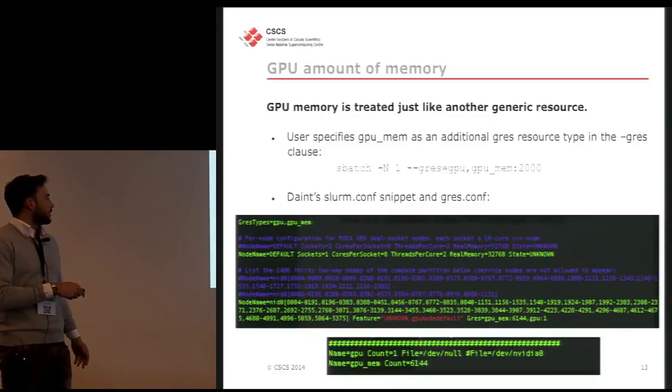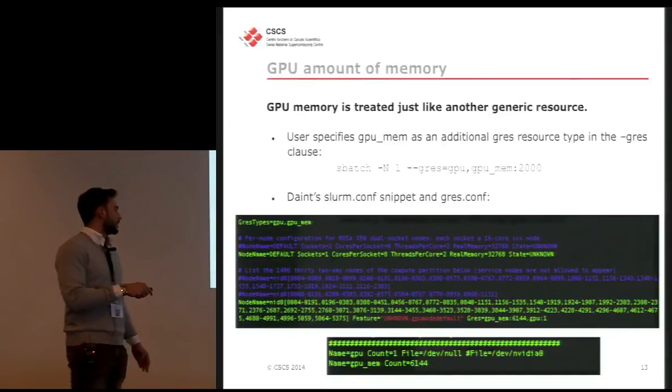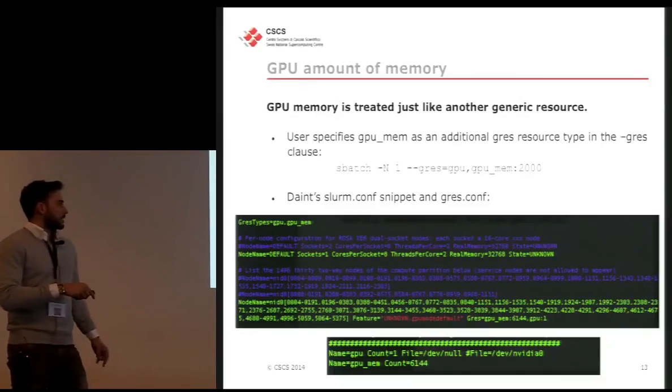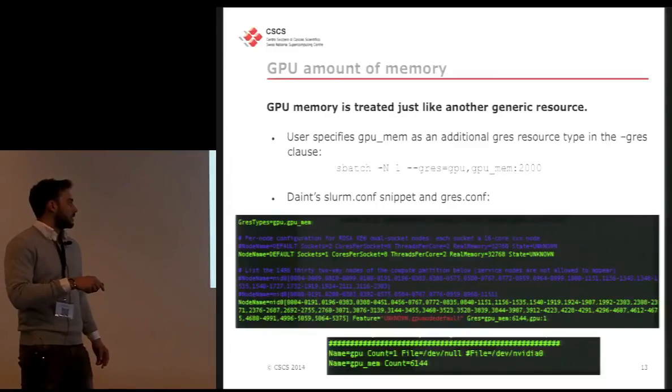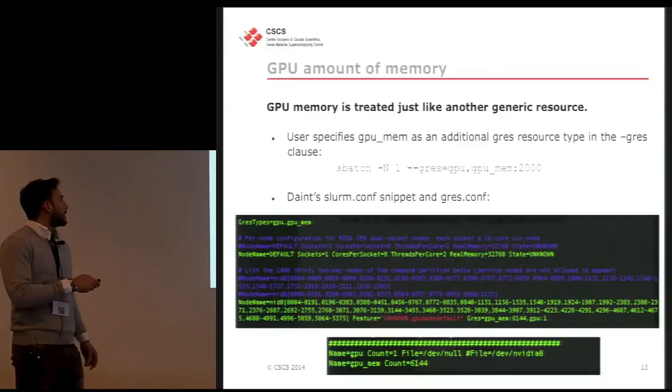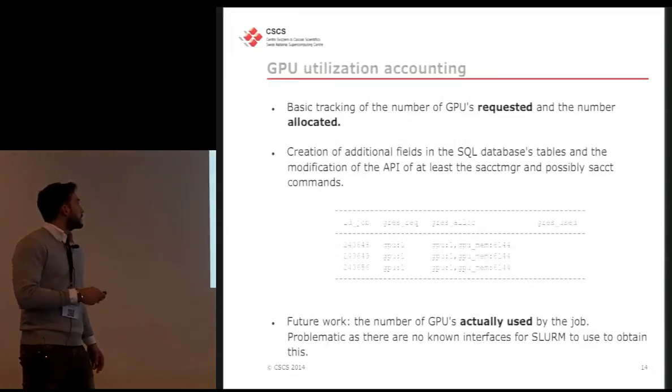This means that all of these nodes will have this amount of memory, which is in megabytes, if I remember correctly. And on the gres.conf file, the count, because by default it's 1. In this case, it's more than 1, so it's going to be this much. And that's it.